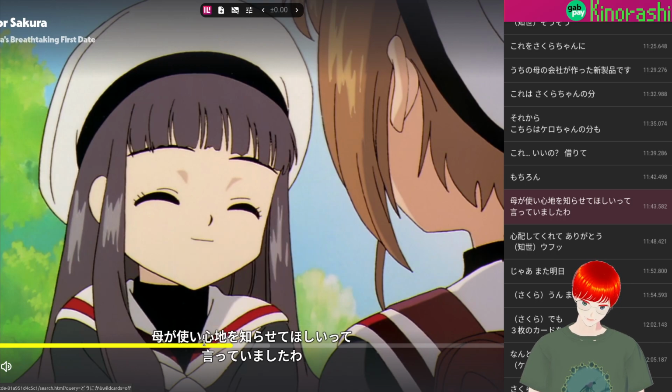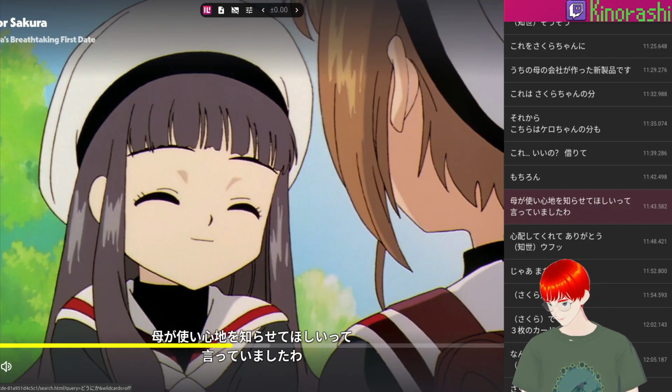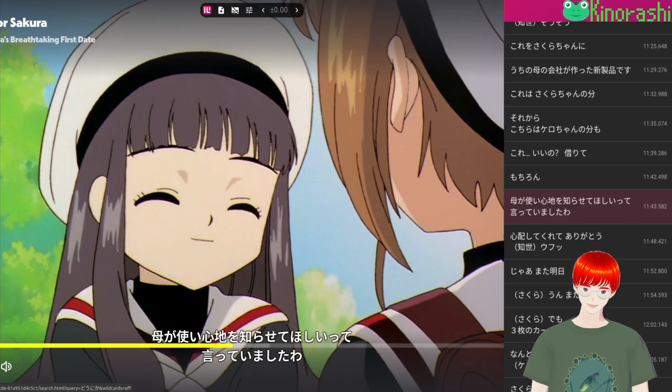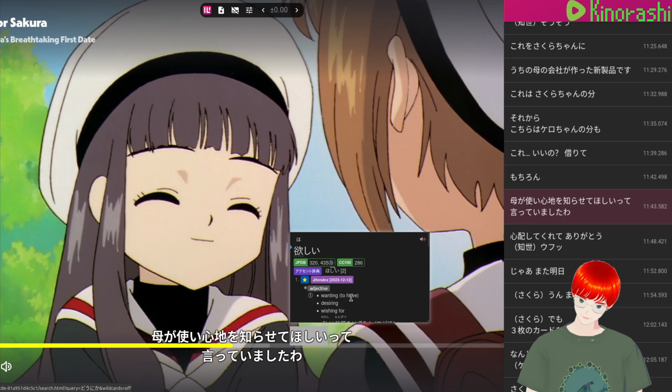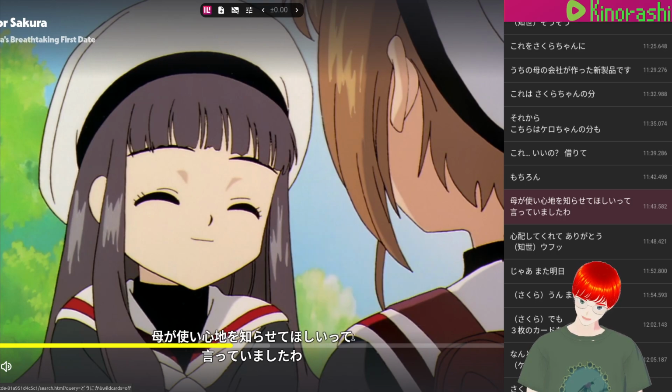Haha ga tsukai gokochi o shirasete. So shiru is to know, but it's in the form from shiraseru, to cause to know. So cause to know, hoshii wanting, and then this is the quoting tte, itte imashita wa.